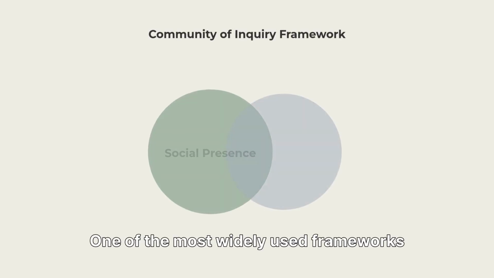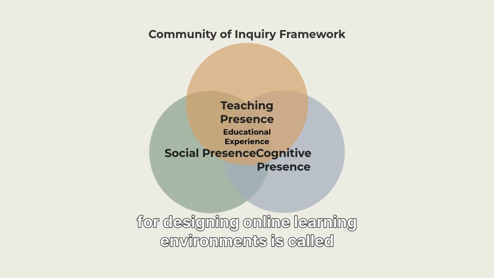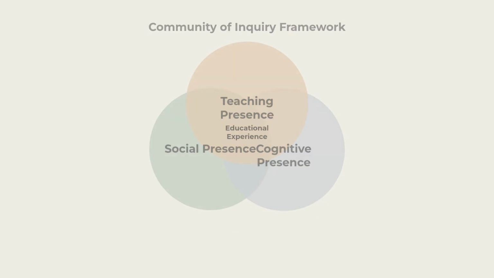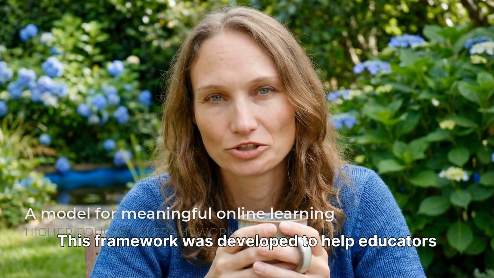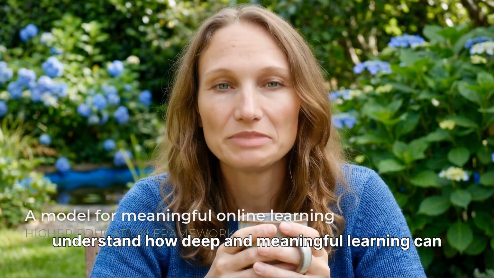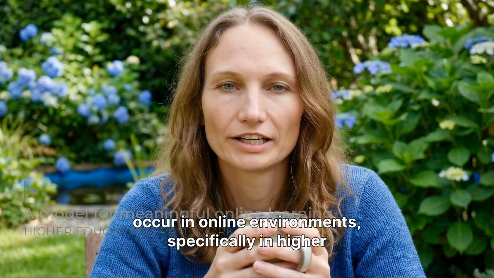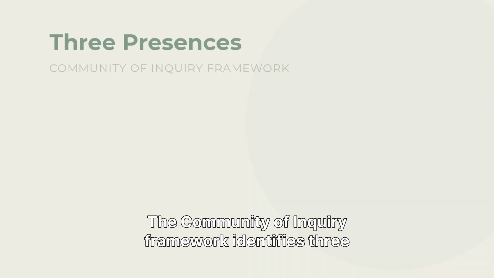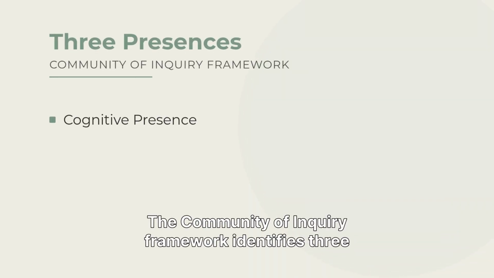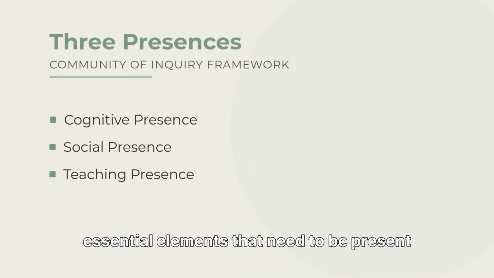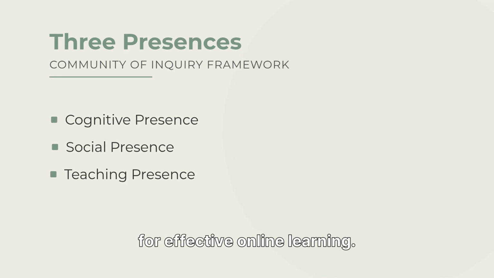One of the most widely used frameworks for designing online learning environments is called the Community of Inquiry model. This framework was developed to help educators understand how deep and meaningful learning can occur in online environments, specifically in higher education contexts. The Community of Inquiry framework identifies three essential elements that need to be present for effective online learning.